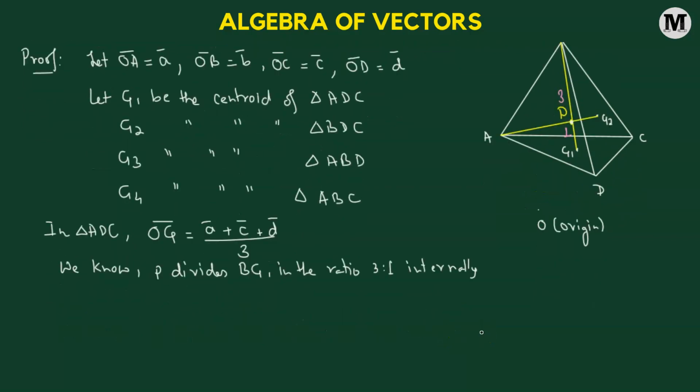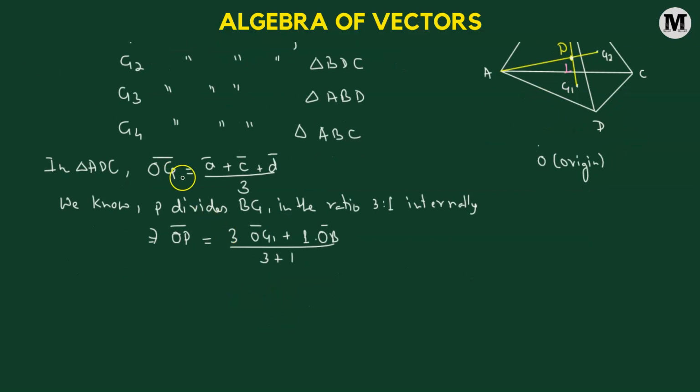So the position vector of point P is going to be equal to 3 multiplied by vector OG1, added to 1 times the vector OB, divided by 3 plus 1. Here, vector OG1 will be equal to the vector A plus vector C plus vector D, all divided by 3.